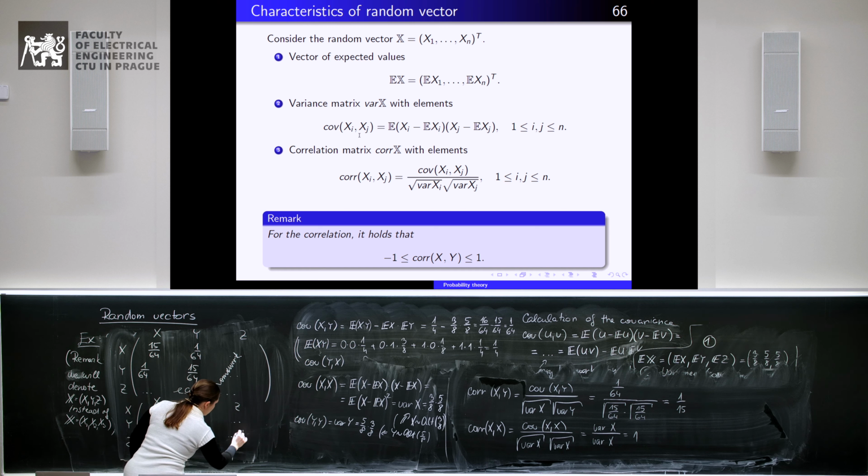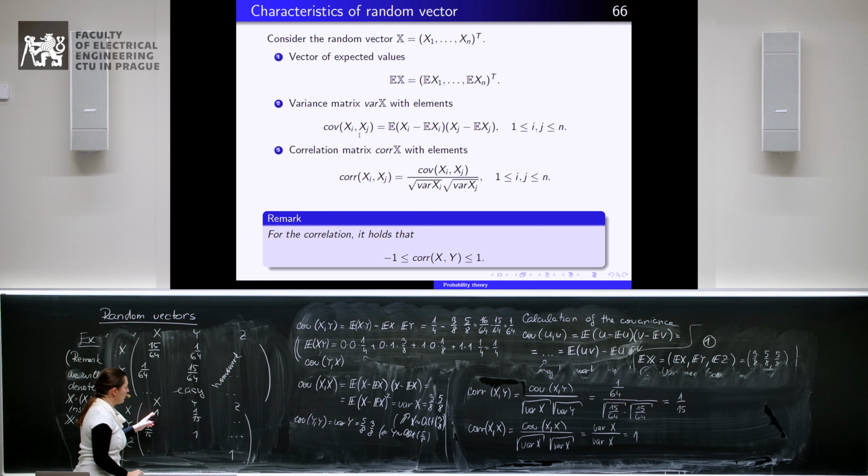So always on the diagonal in the correlation matrix we have the number 1s. And so in the correlation matrix we have no information about the variance of the random variables in the random vector, but we have some numerical expression of the dependence of the remaining couples of different random variables.